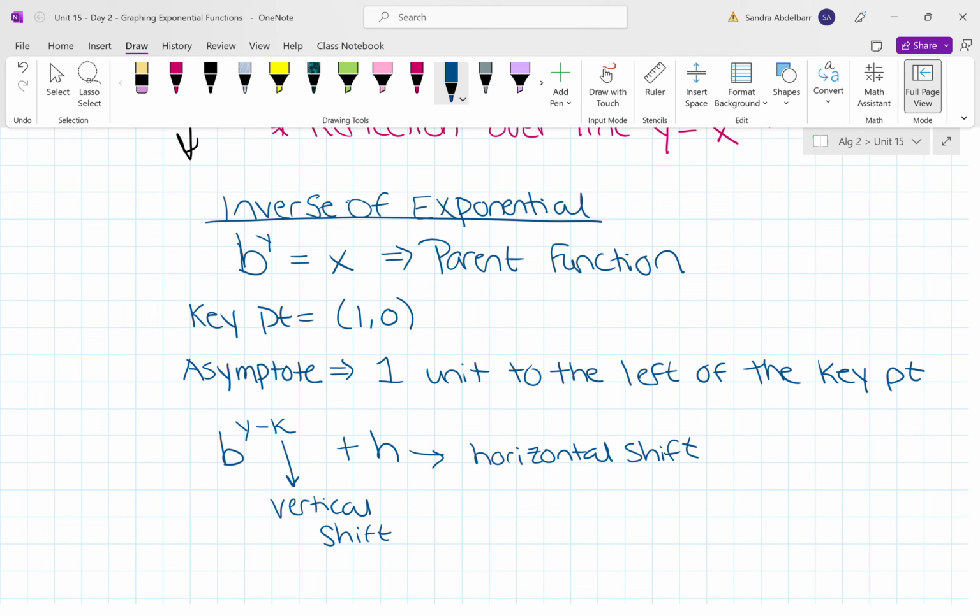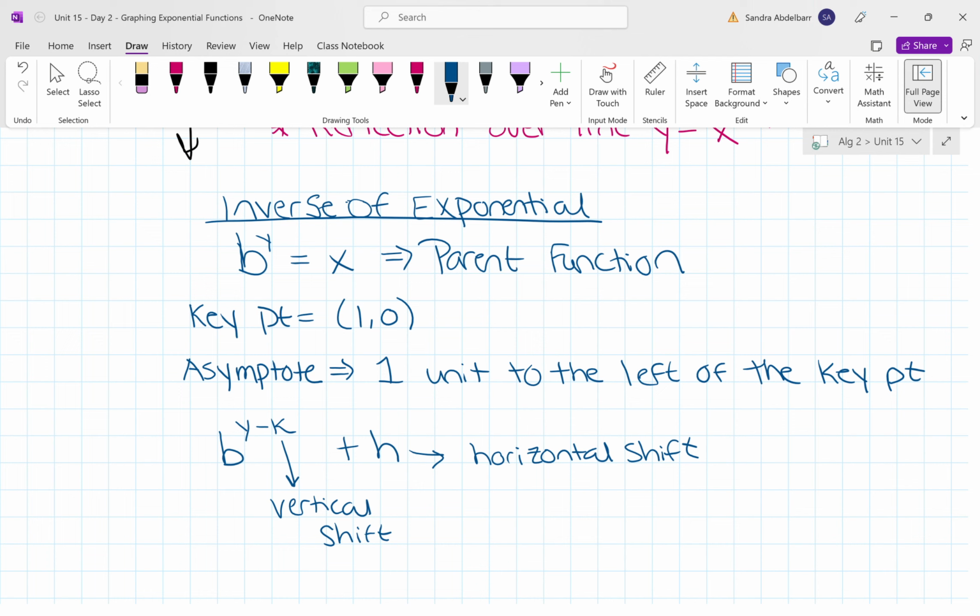Okay, let's do some problems. Trying to find an inverse problem. Here we go.